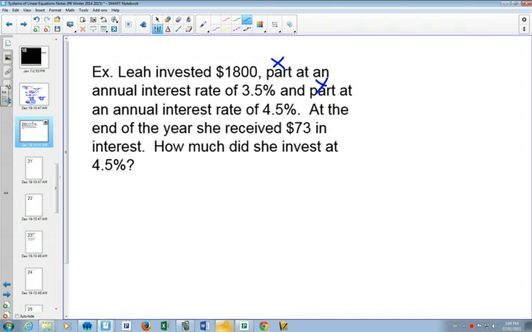Writing the equations from word problems. For your equations, how many people were able to get this as your first equation? That the two parts have to add up to $1,800. Okay, that's the easier part. She invested two parts, total of $1,800. So x plus y has to be $1,800.